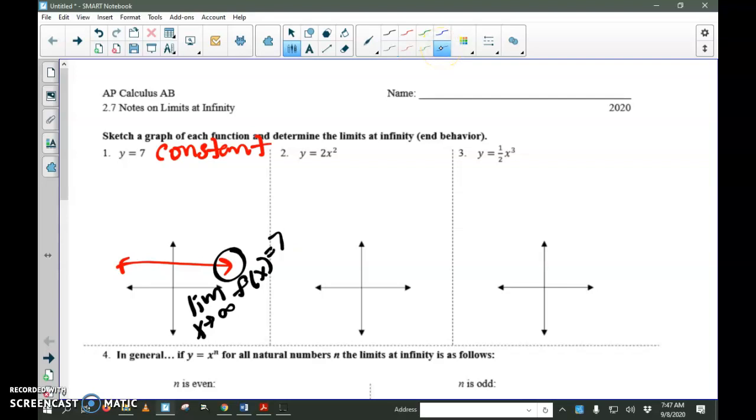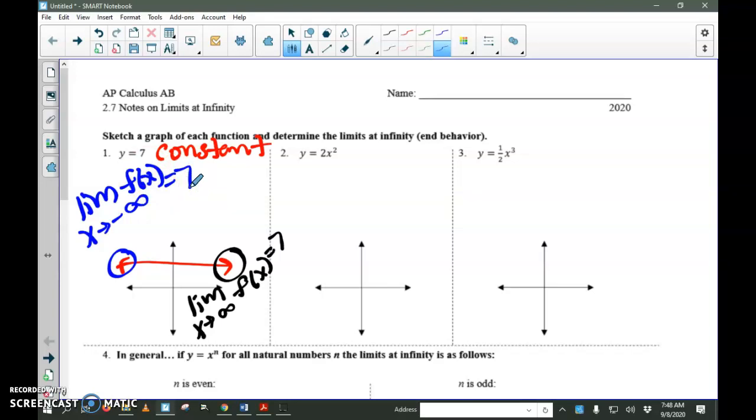But if we're looking at end behavior, we have to look at what's happening on the left side as well. And so I'm going to say the limit as x approaches negative infinity for my particular function. And again, because this is a constant function, the y values will always be 7.